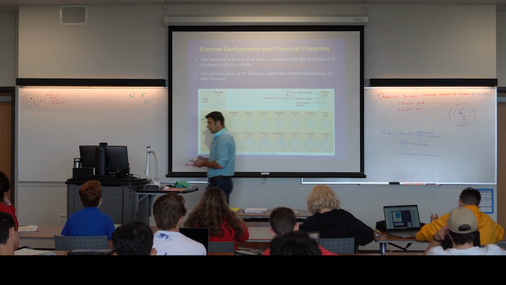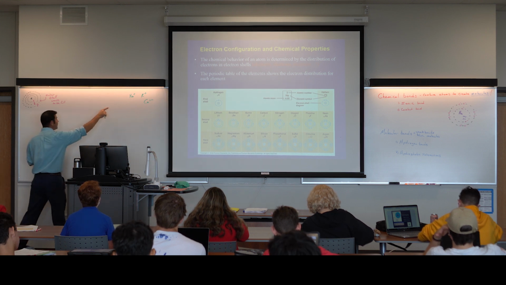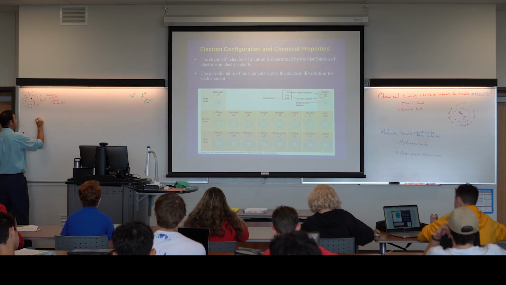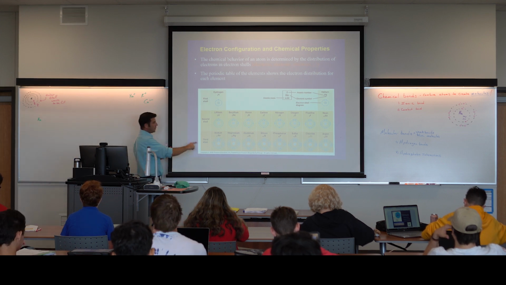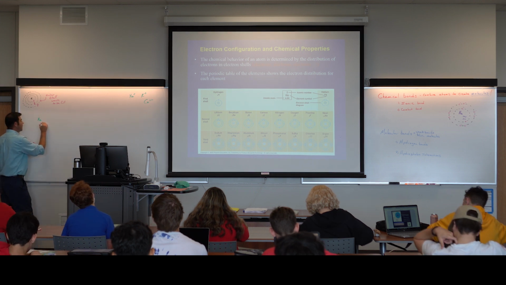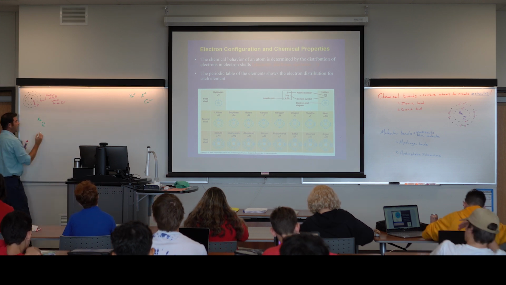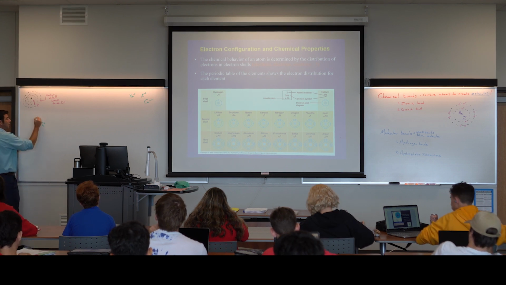Let's look at something that doesn't have an outer shell of electrons that is completely full. I'm picking on this sodium now. Let's grab this sodium. It's got an atomic number of 11. So that tells us 11 protons and 11 electrons as it comes straight off the periodic table. So let's pass out those 11 electrons.